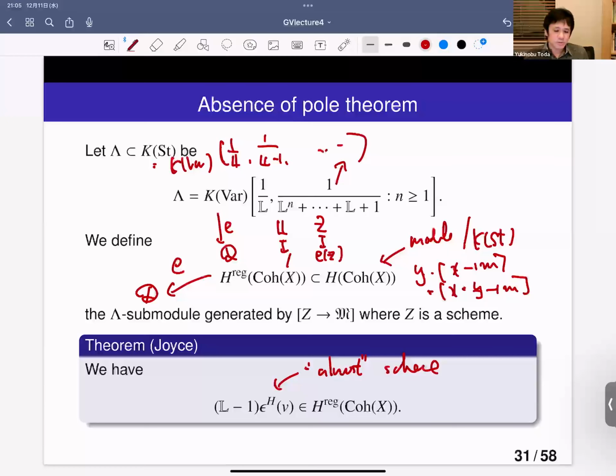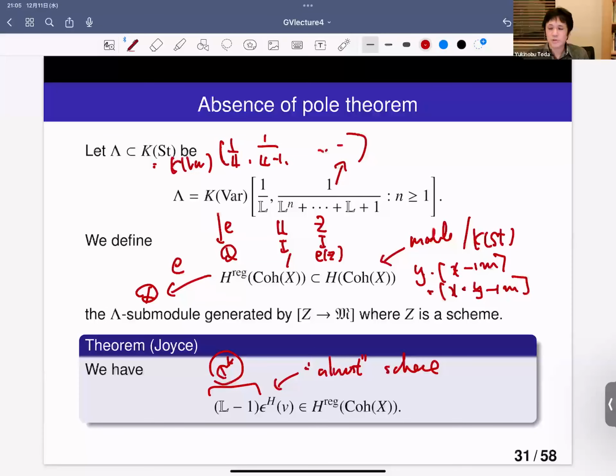The reason for taking L minus 1 is that this is the class of the one-dimensional torus. Even in the fine case, the moduli stack still has some C-star algebras. So this C-star always appears, and we have to take multiplication to remove that.